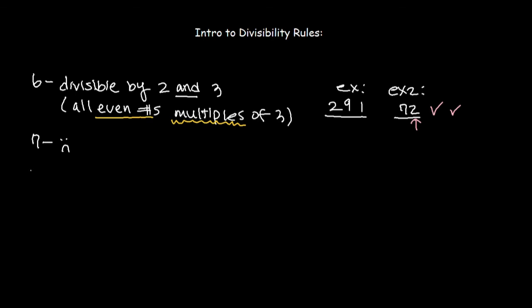Let's look at 8. Alright, so for 8, if the number formed by the last 3 digits is divisible by 8.